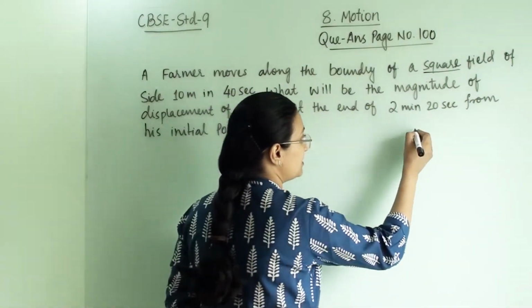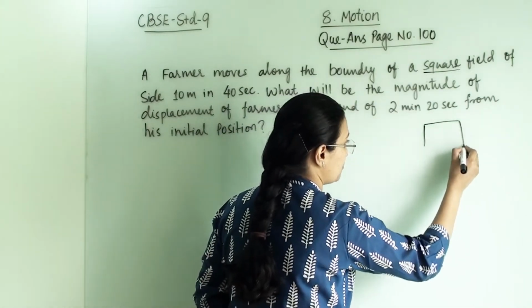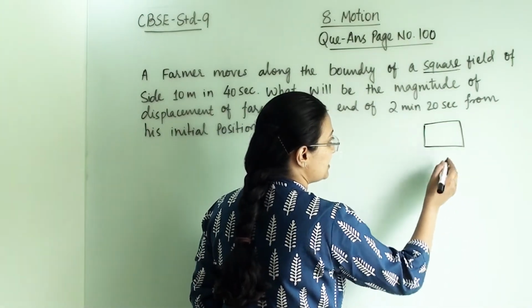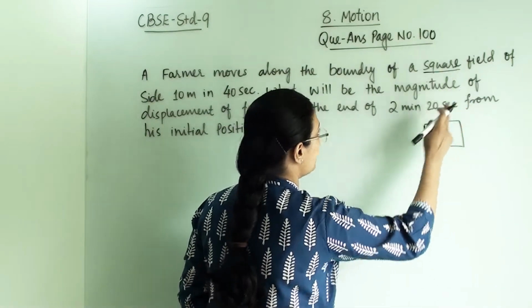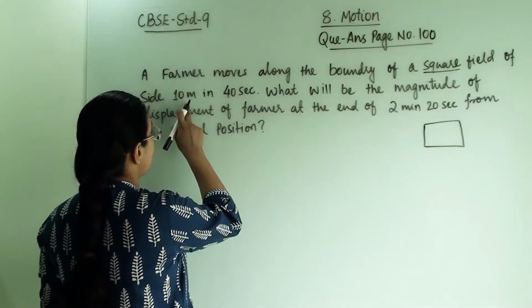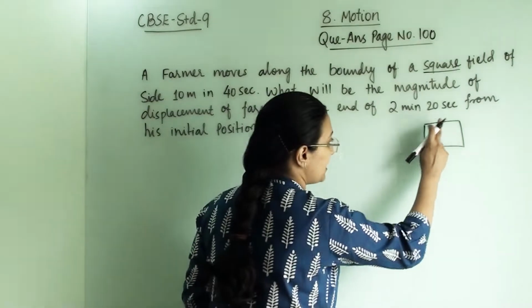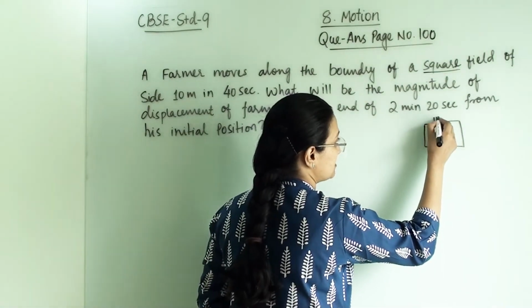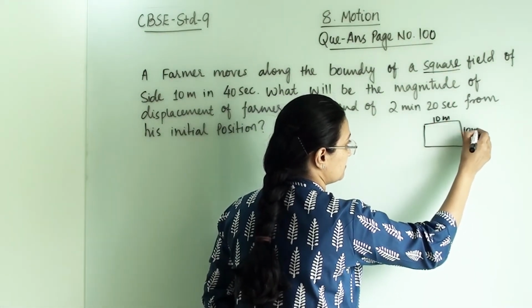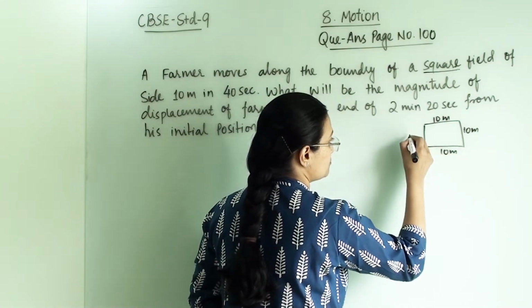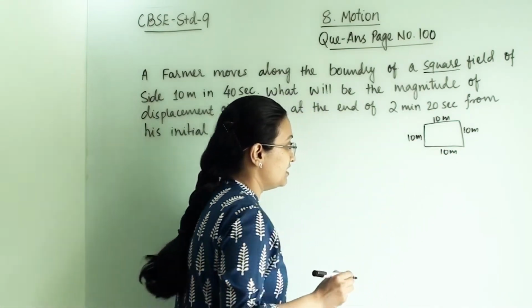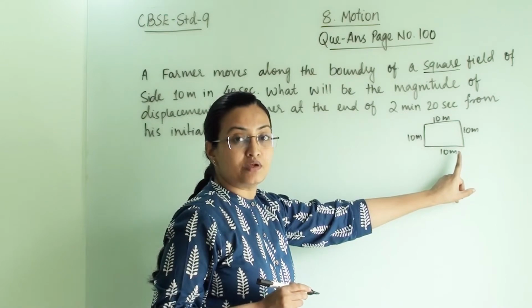So one farmer is there and he has a square field like this. He has a square field of side 10 meter. Each side of the square is 10 meter. So this is his field. Each side has 10 meter length.